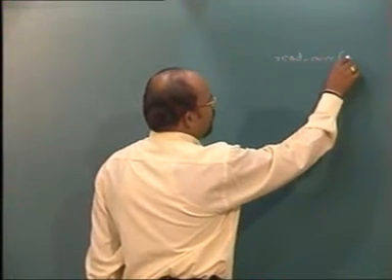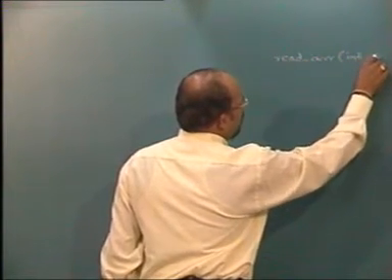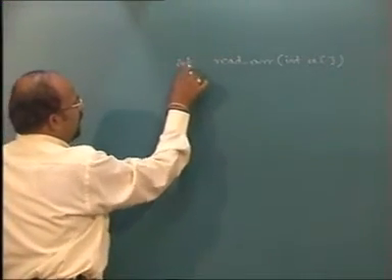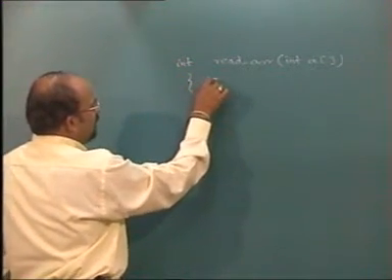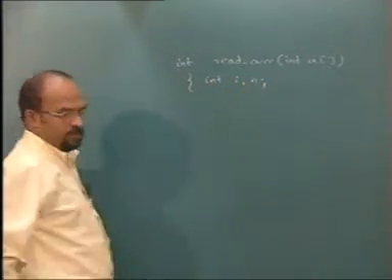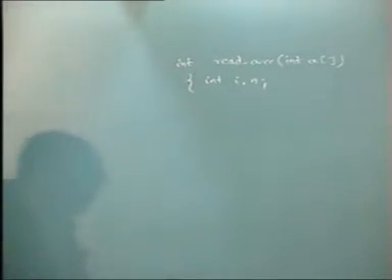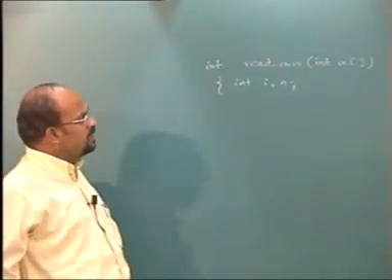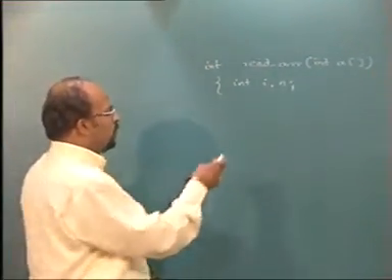read array, to which I can pass the array name, and the entire reading job will be done inside the function. I can ask the user how many elements are there, read all the elements and refer back to the calling program.